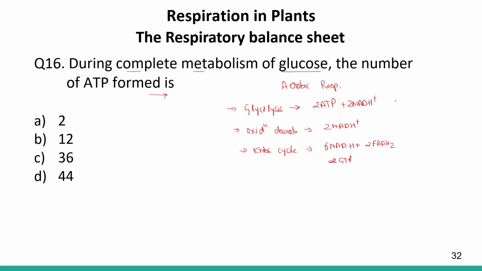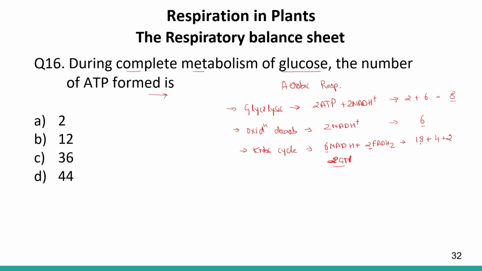Now we know 1 NADH is equal to 3 ATP. So 2 ATP plus 6 ATP is equal to 8 ATP. Here we have 6 ATP. And here we have 6 into 3 is 18, plus 2 into 2 is 4 ATP, and then 1 GTP is equal to 1 ATP, so plus 2 ATP.